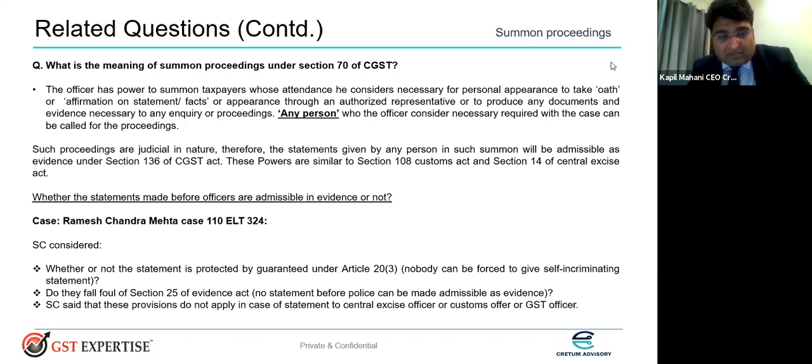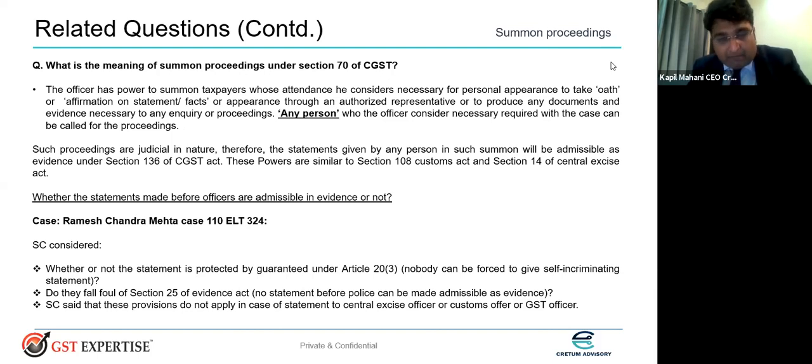The next question was whether they fall foul of section 25 of the Evidence Act, which says no statement before police can be admissible as evidence. Third, the Supreme Court said that these provisions do not apply in case the statement is made to a central excise officer or customs officer.